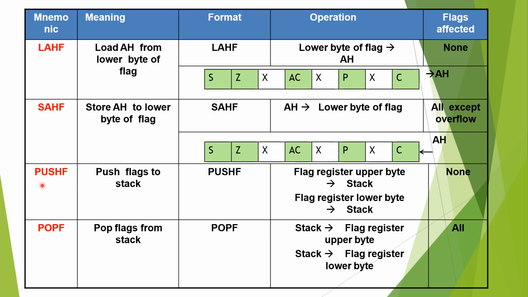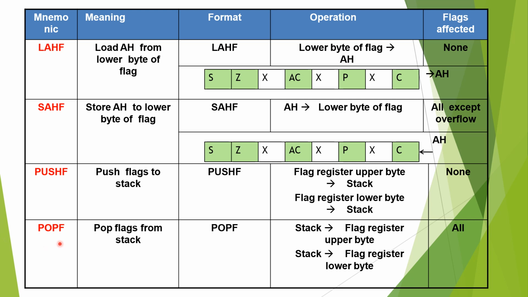The next instruction is pushF. So this instruction pushes the content of the flag register to the stack. So you already know that pushing means you're putting the data into the stack register, stack memory. So the flag register upper byte will be moved to the stack memory location, and lower byte is also moved.